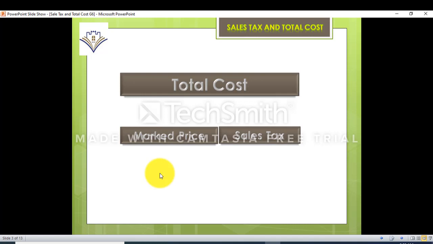For example, if the sales tax is $20 and the market price here is $180, then try to think and get the total cost.